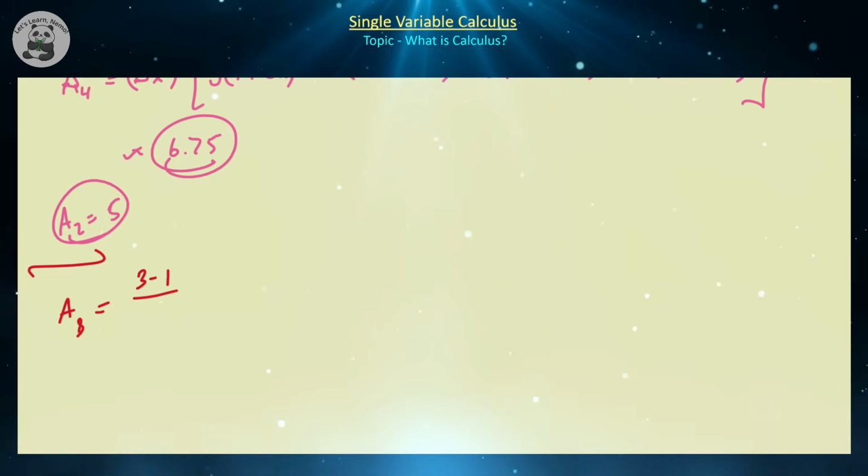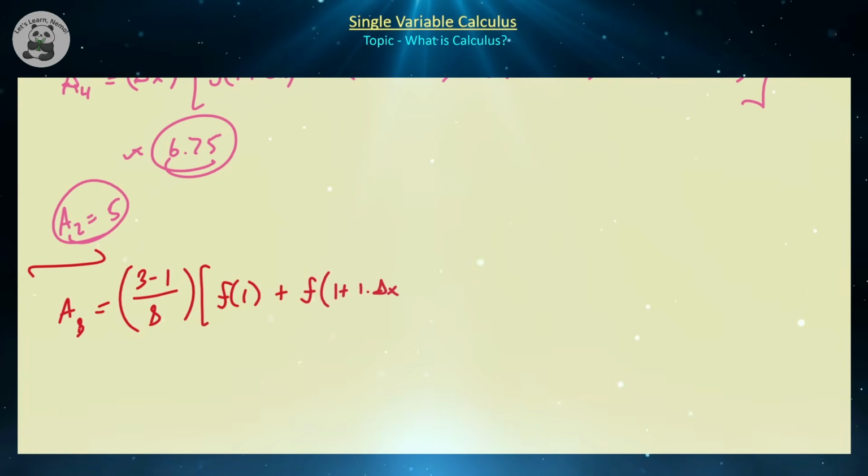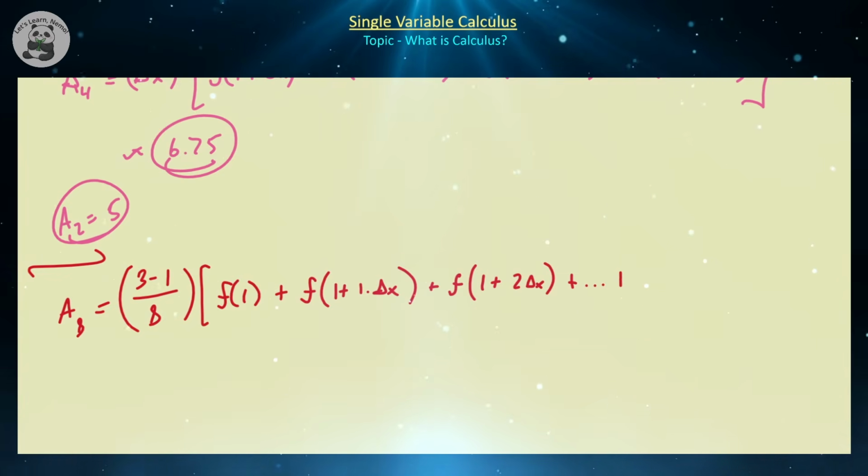So we're going to have 3 minus 1 divided by 8 times f of 1 plus f of 1 plus 1 delta x, where delta x is now going to be 2/8 or 1/4, and then we're going to have f of 1 plus 2 delta x, and then we're going to extend this all the way out to the last one, which is going to be 8 minus 1, which is 7.